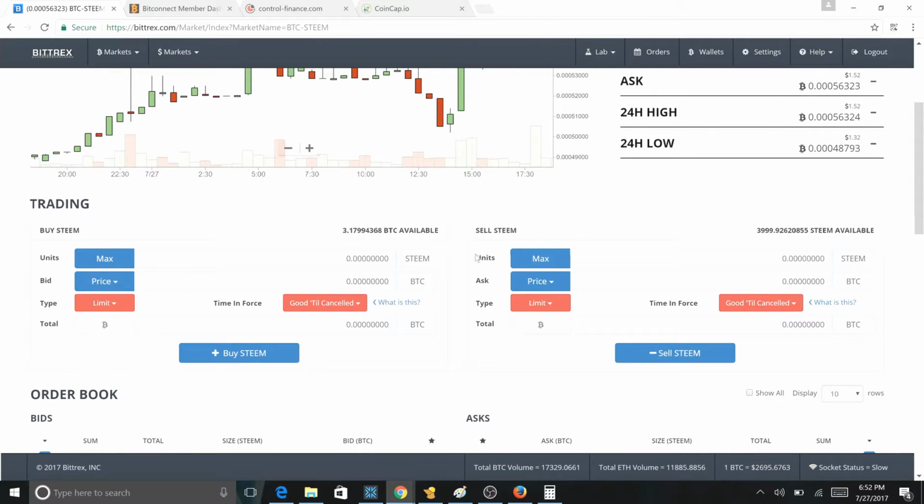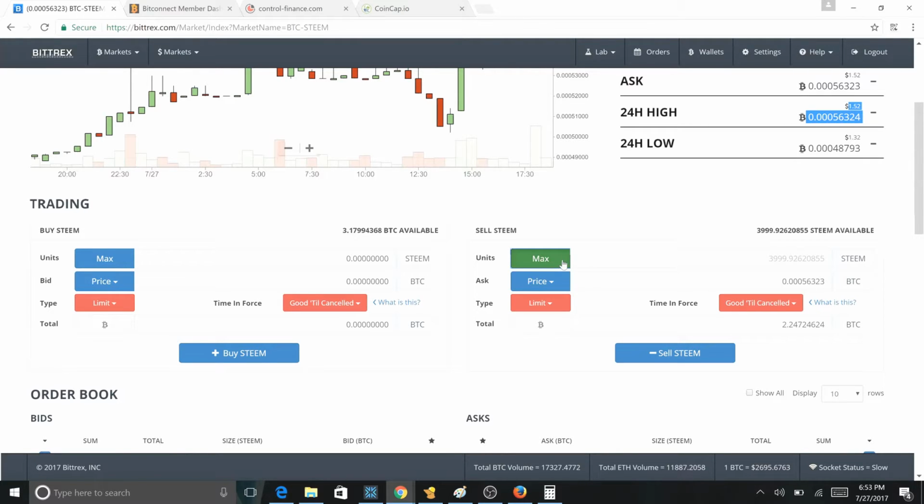In the sell STEEM section, I have 3,999, almost 4,000 STEEM. I'm going to go by the last price, which is actually 1 Satoshi less than the 24-hour high up here, 56,324, and I'm asking 56,323.